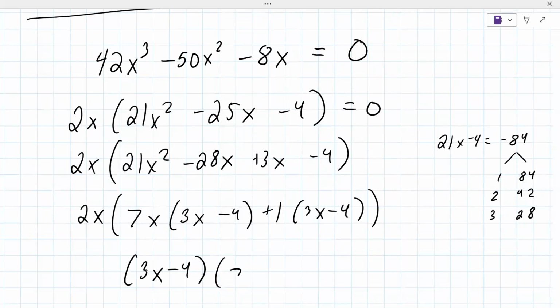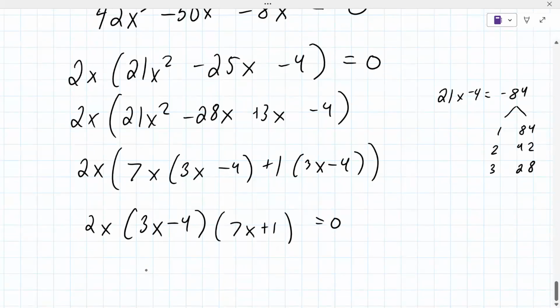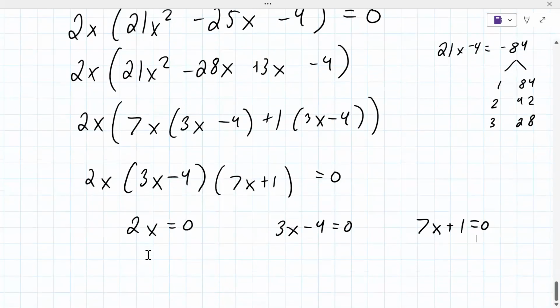Okay. Yeah, it can take a while to get those. The list really helps. And then once you have this, you just set each of them equal to 0. So you get x equals 0, x equals 4/3, and x equals -1/7.